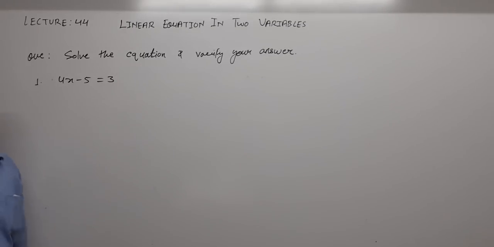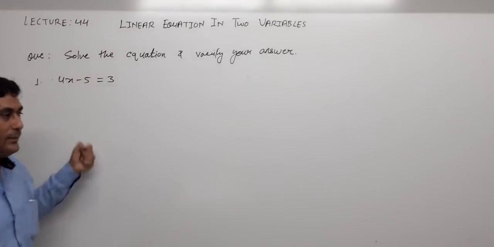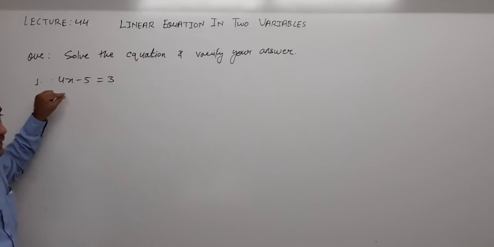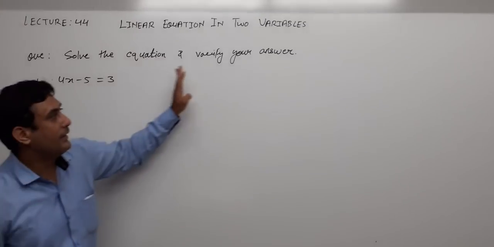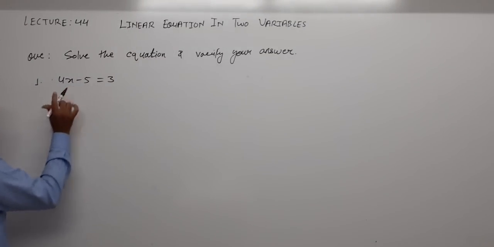You have to solve this equation. That means whenever it is asked to solve the equation, you have to find the value of the variable. And that value of the variable should satisfy the equation. Then we say our answer is verified. So here we have to obtain the value of x.